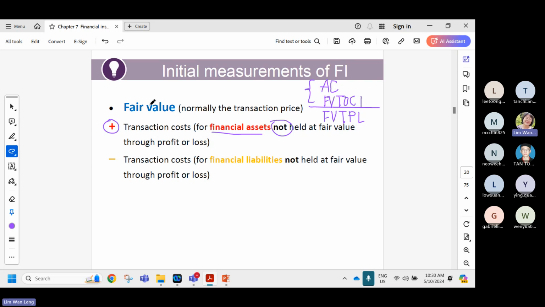However, if you have the financial assets held at fair value through the profit or loss, you do not add the transaction cost to the fair value. Understand? So this one, you will add. This one, you are going to expense off the transaction cost to the SOPL. This one, transaction cost, expense off.